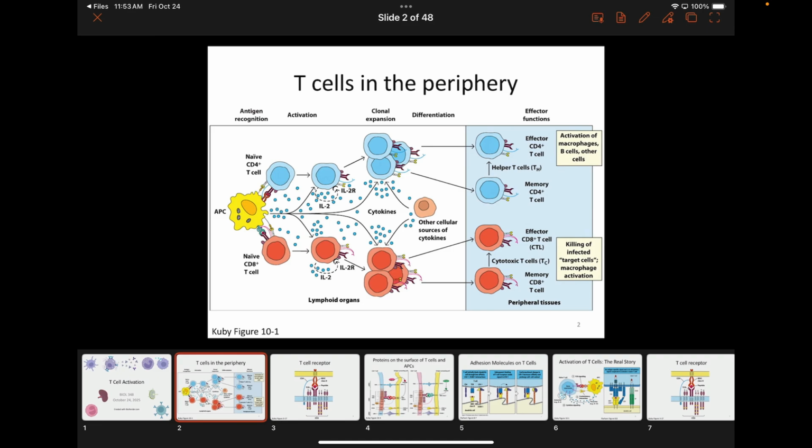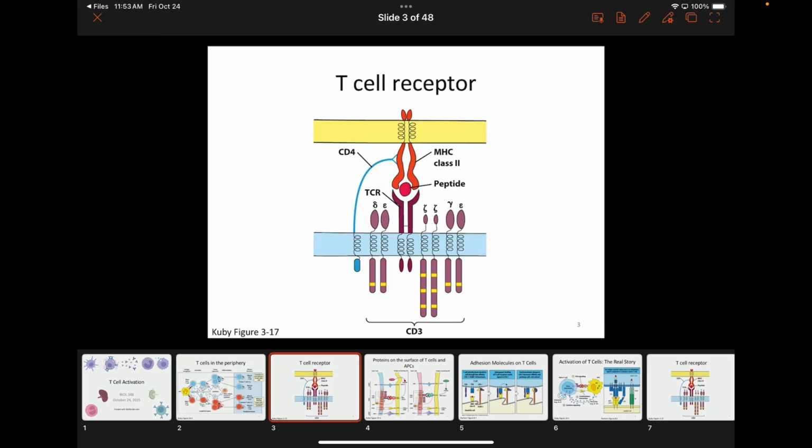And as I told you last time, today we are zooming in on the interaction between the antigen presenting cell that is presenting on MHC and the T cell receptor. So we're zooming in on details happening right here, where we have the MHC molecule plus peptide binding to the T cell receptor.